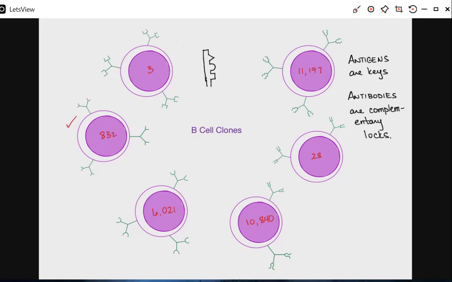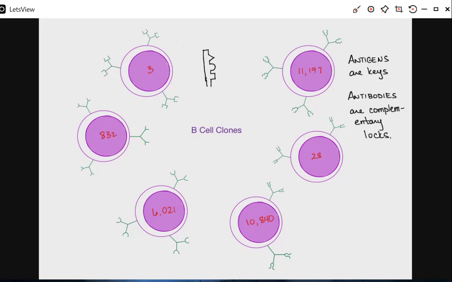This is a really interesting strategy. The body diversifies its portfolio of B cells. It never knows which antigen it's going to encounter, so it tries to make as many different types of antibodies as possible. The only criterion is that the antibody cannot bind to you.